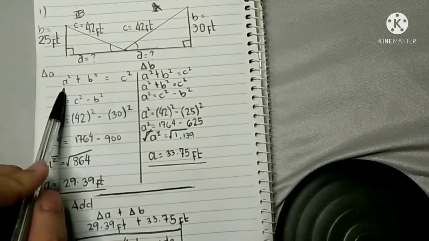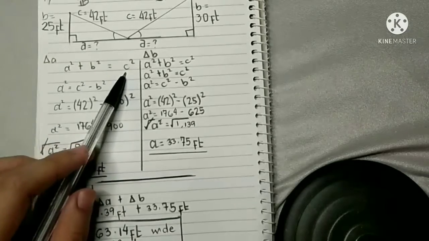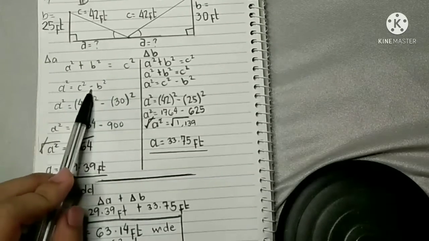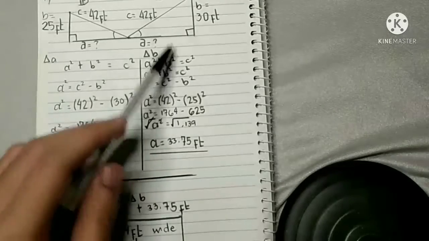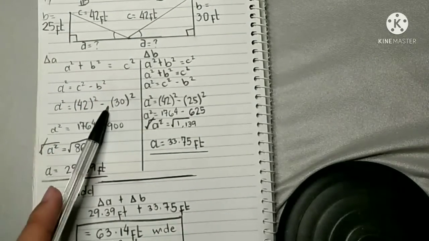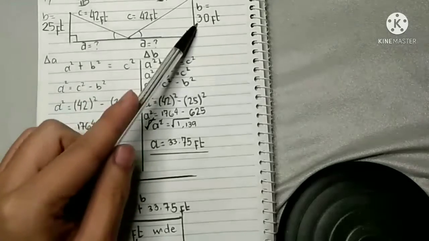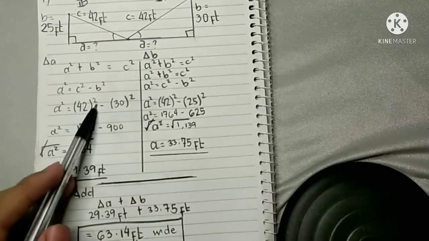Now to solve for a in the first triangle, we can use the Pythagorean theorem, which is a squared plus b squared equals c squared, and it will be a squared equals c squared minus b squared. So a squared equals 42 squared minus 30 squared, where 30 is the height of our building.